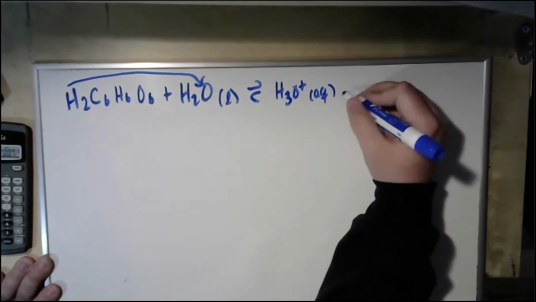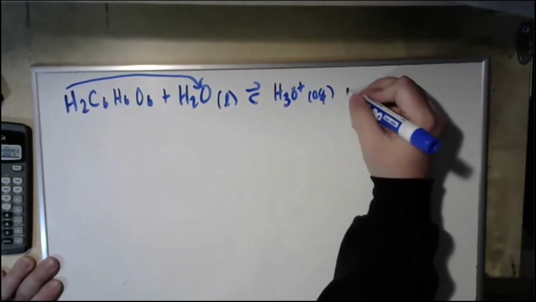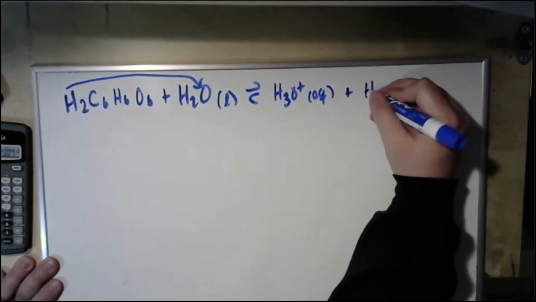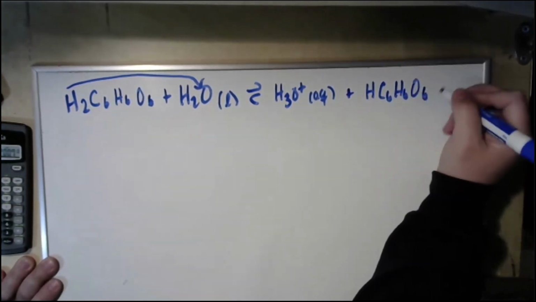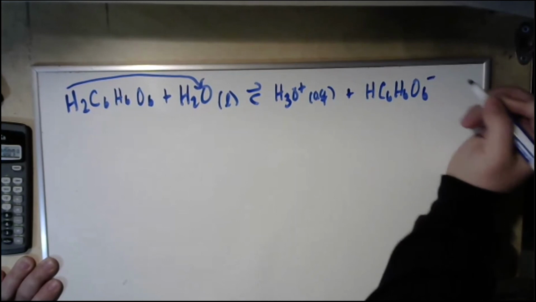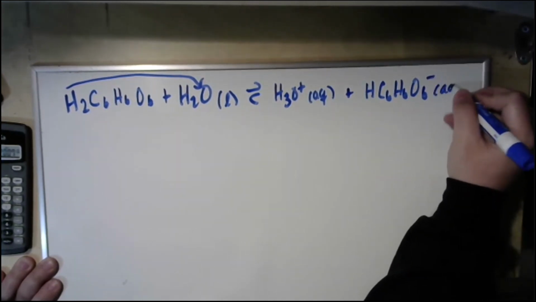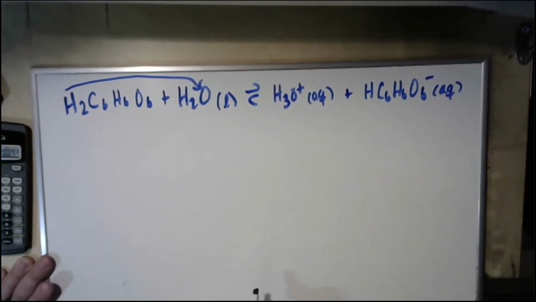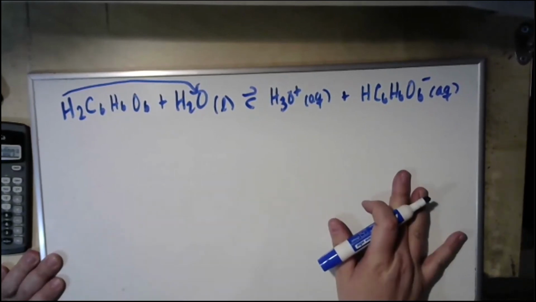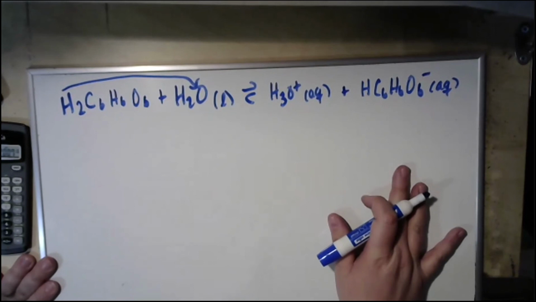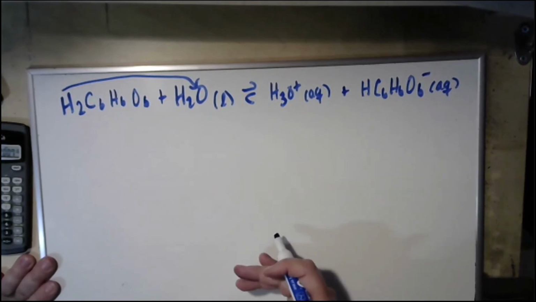And it's going to leave the rest of the ascorbic acid behind. So what's going to be left behind is HC6H6O6 with the extra electrons, with the proton left behind.